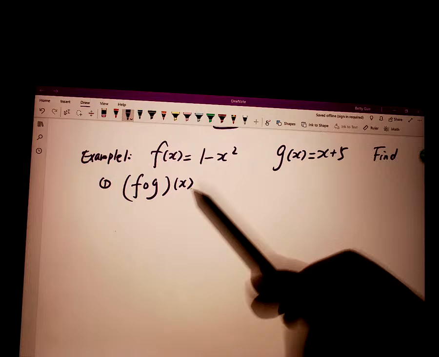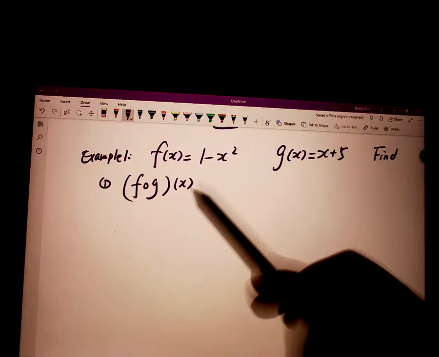You know that's a composite function. So how do we write this composite function? We always start from the inside. This is the technique you're going to apply. You always start from the inside parentheses, which is g of x.